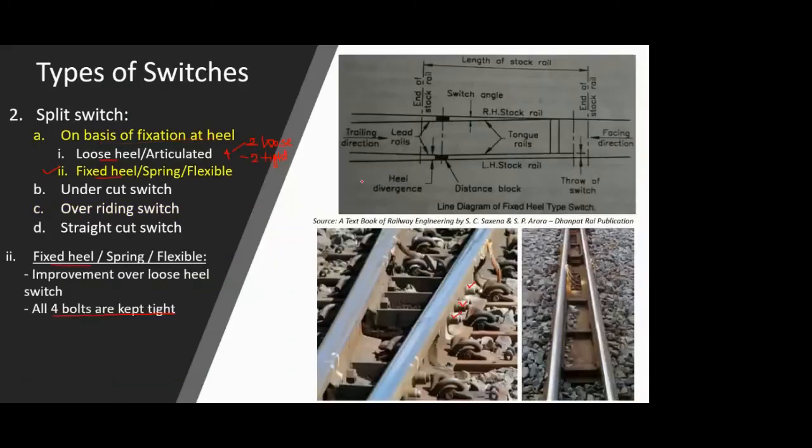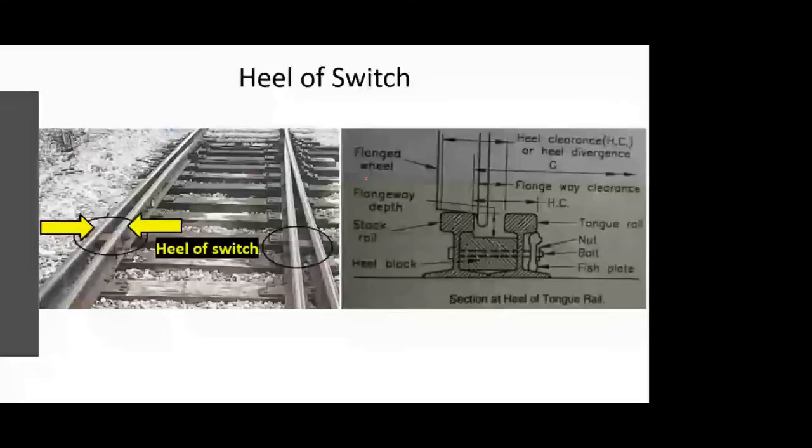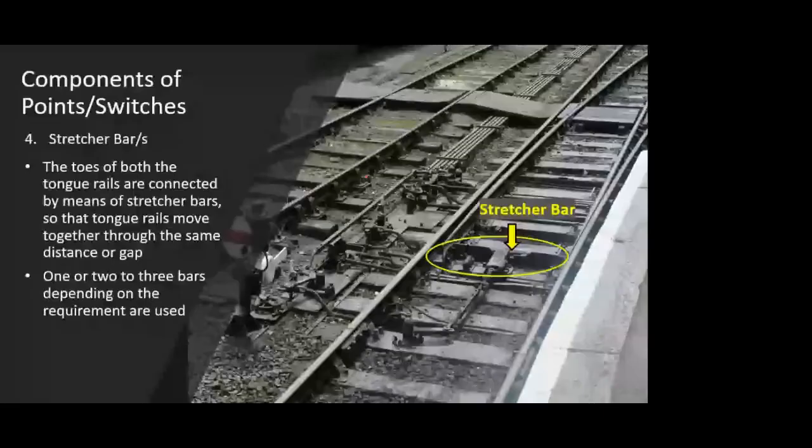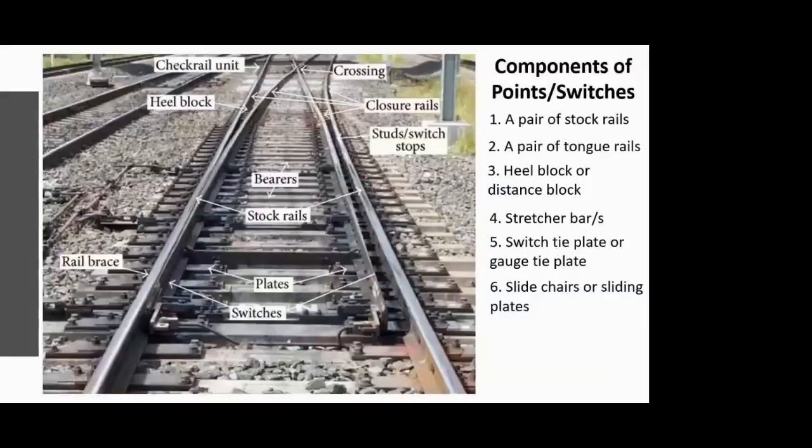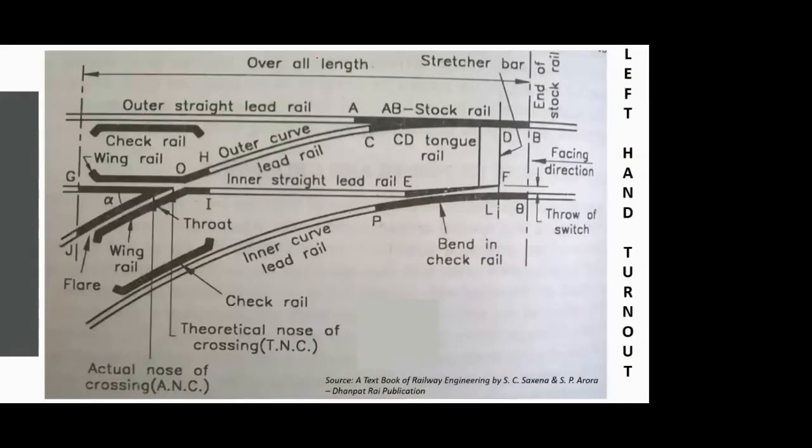Now, if you just understand what we have done, we are discussing the points and crossings, and we have taken this turnout, and from this turnout now we have understood all the terms that are there in this section, that is the switch or a point.